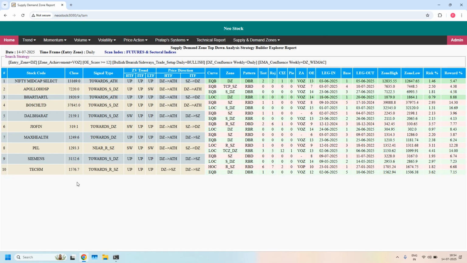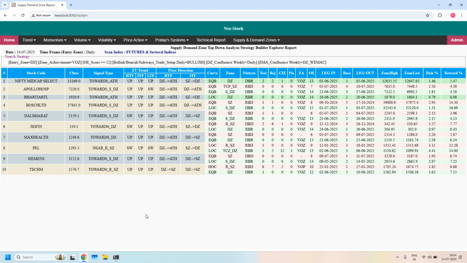With this filter, we got 10 stocks. Okay, these 10 are high probability trade setup supported daily demand zones.